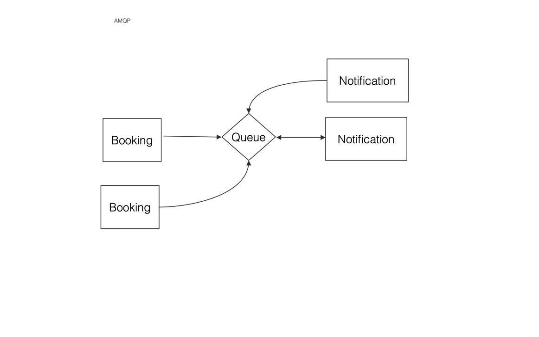Now let's talk about how RabbitMQ queuing in general works. We have the booking service, which sends a message to the queuing service, but it's not directly sending the message to a queue.